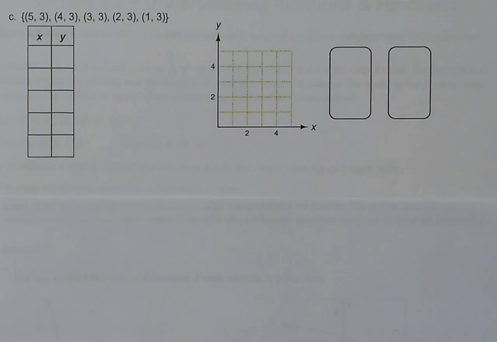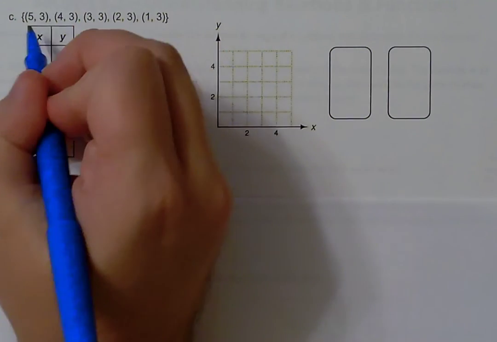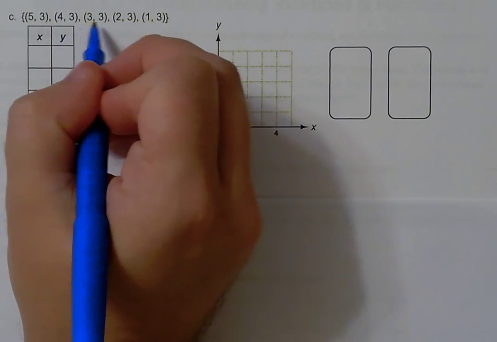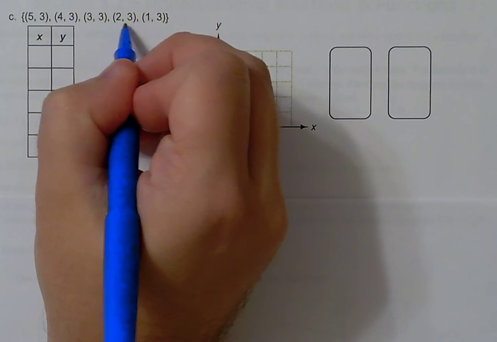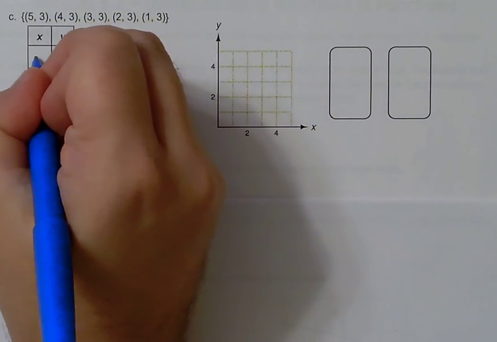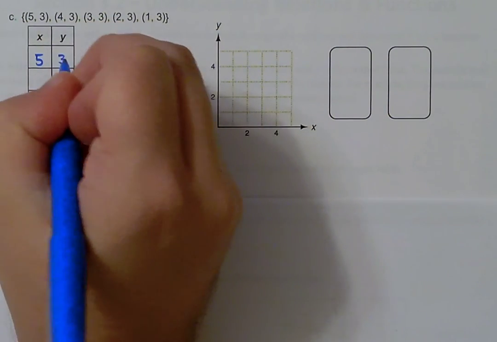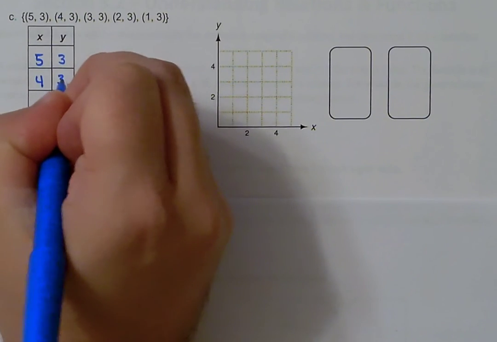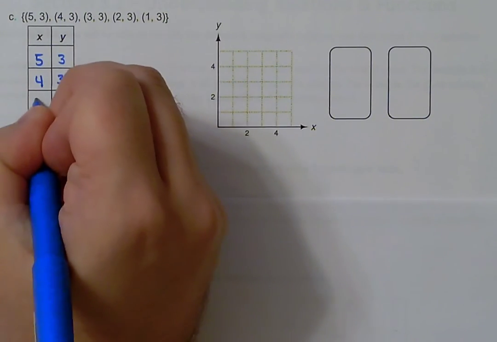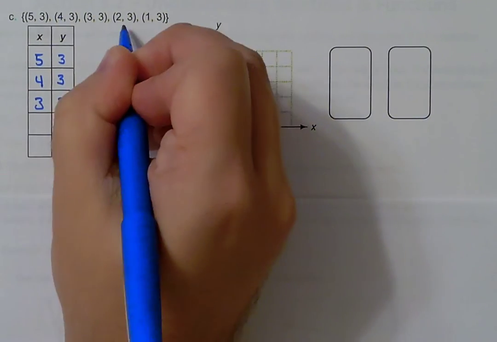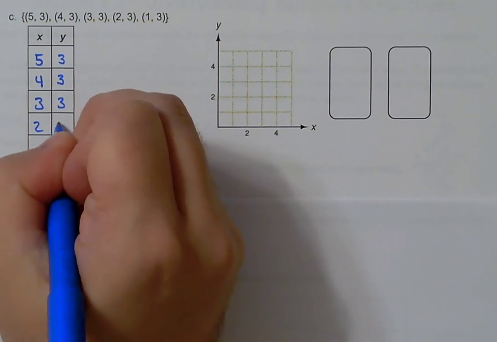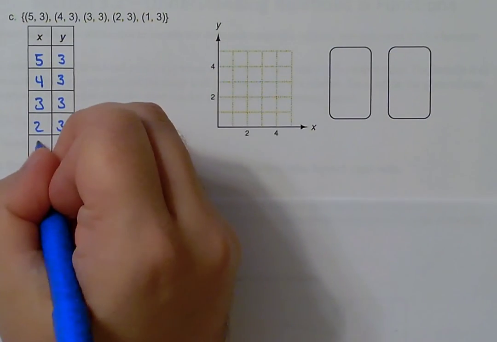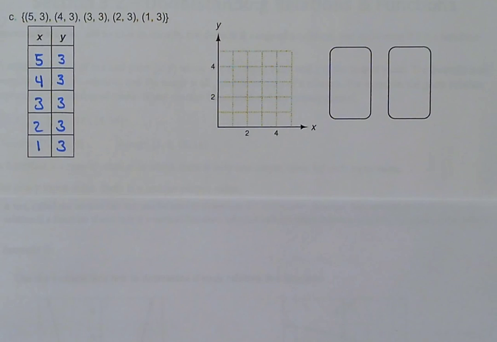So let's go through and set up our table first. We have 5, 3; 4, 3; 3, 3; 2, 3; and 1, 3. All right, so I now have my table for my graph.